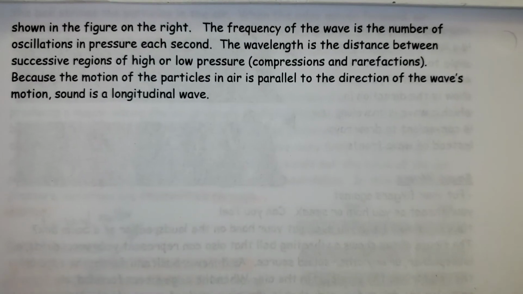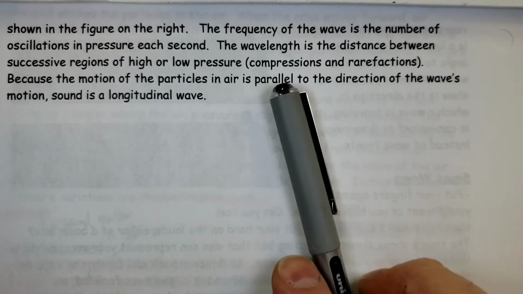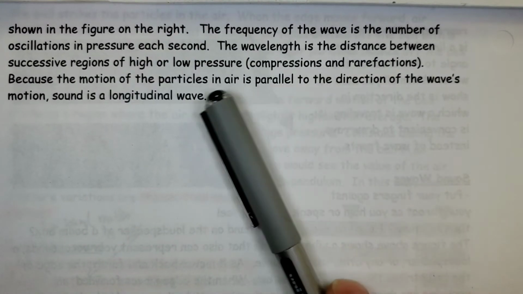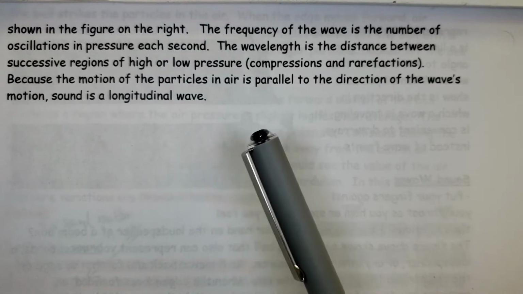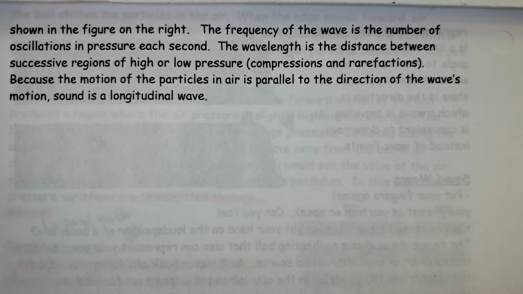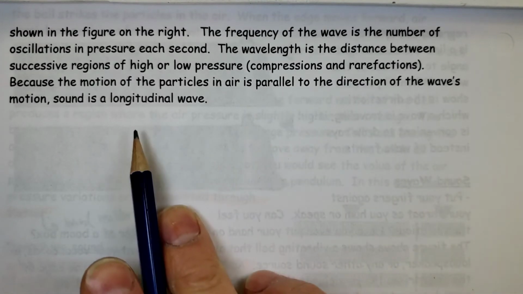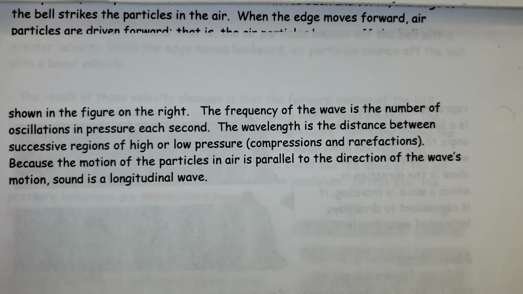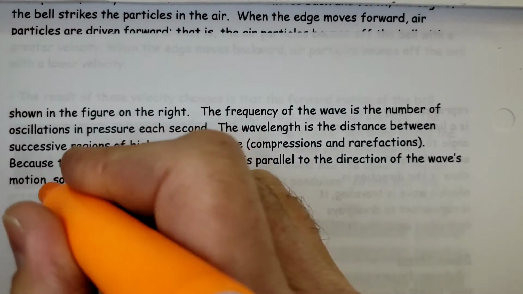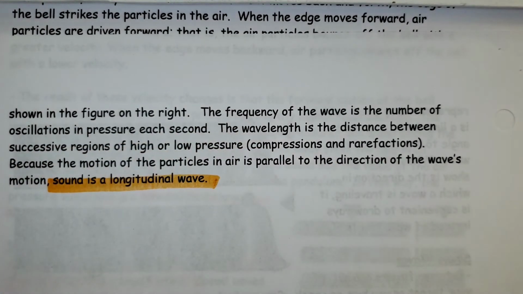The frequency of the waves is the number of oscillations per second. The wavelength is the distance between high and low pressure, so compressions and rarefactions. Because the motion of particles in air is parallel to the direction of the wave's motion, sound is a longitudinal wave. So compressions and expansions.